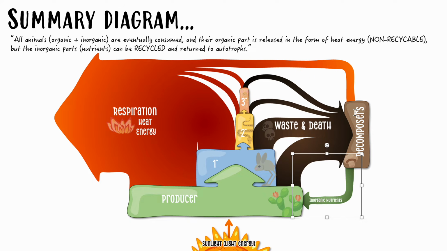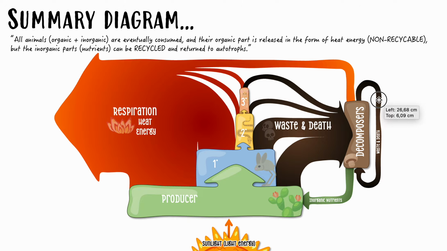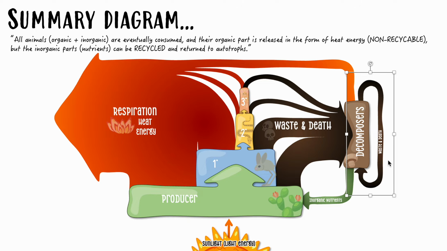But decomposers can also use it for their own energy, produce their own heat, which can contribute to energy loss, right? And decomposers can obviously die themselves and be decomposed by their decomposer buddy friends, right? So it's a vicious cycle, but it's pretty much what it is. And I really like this diagram. I think it's very cool. Helps you really understand the big picture before we move on to the next part.